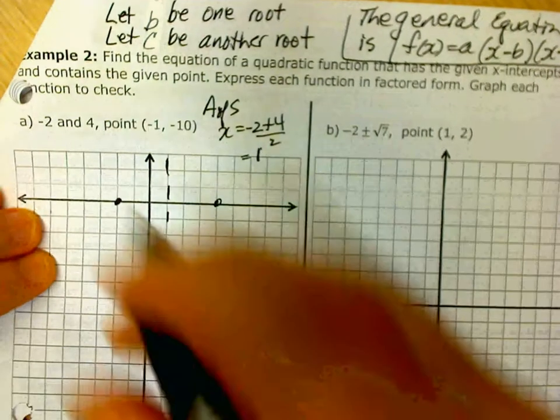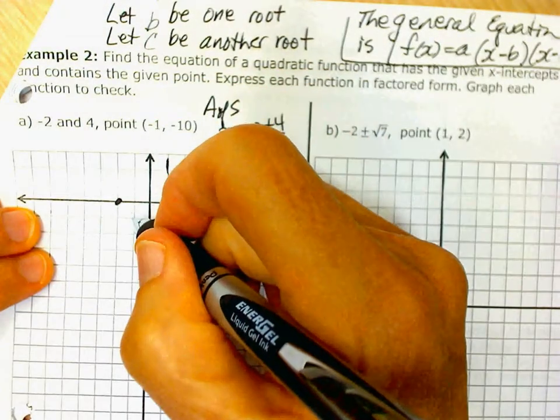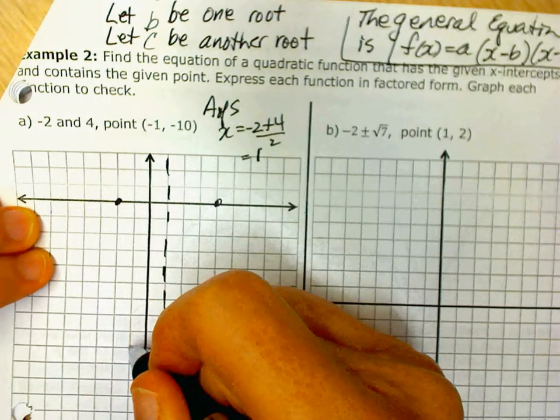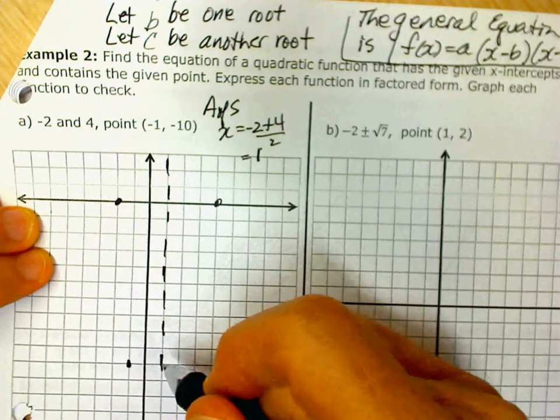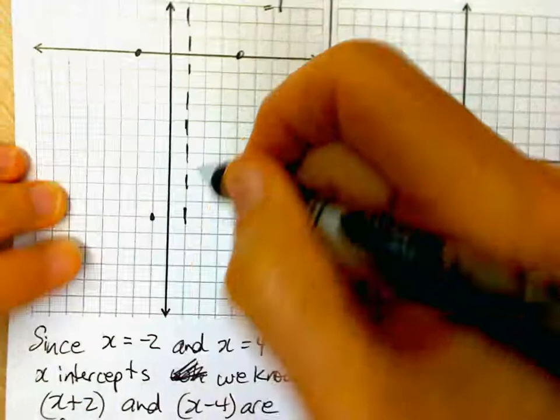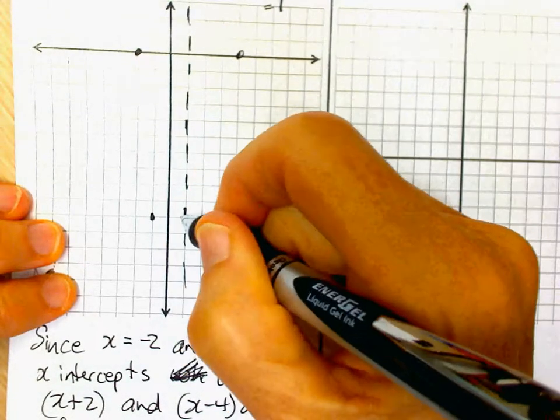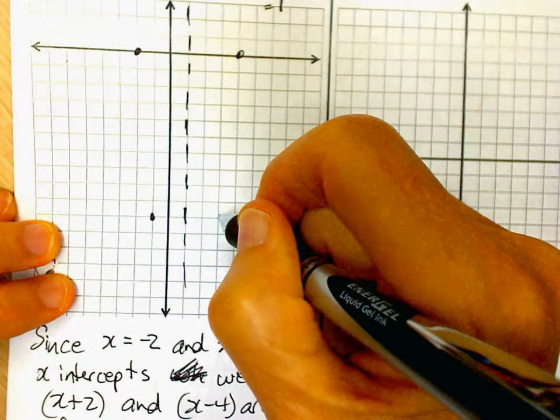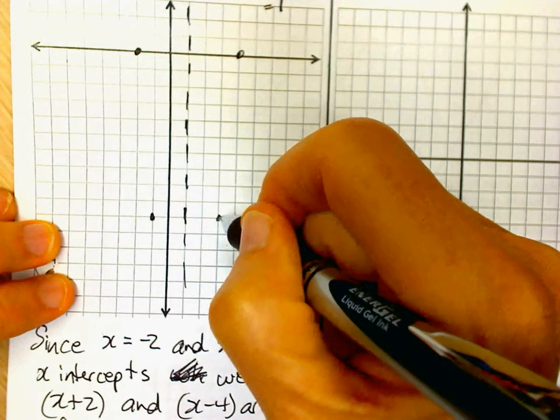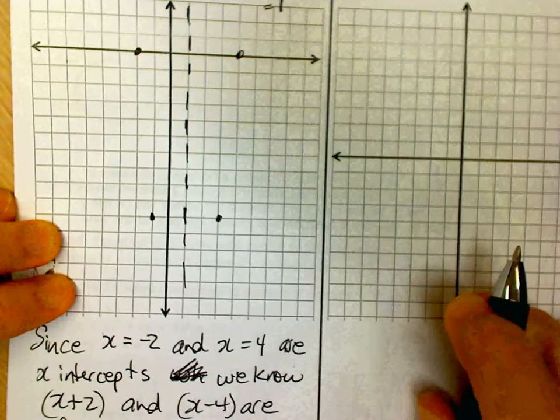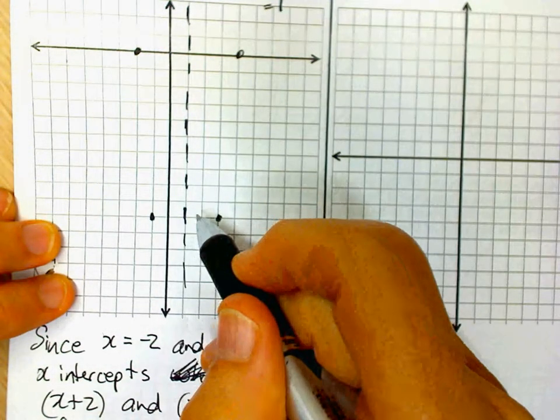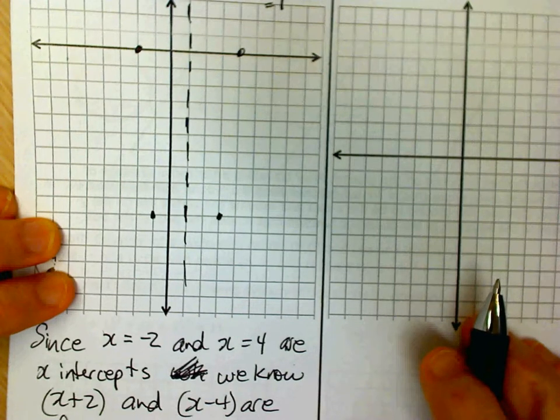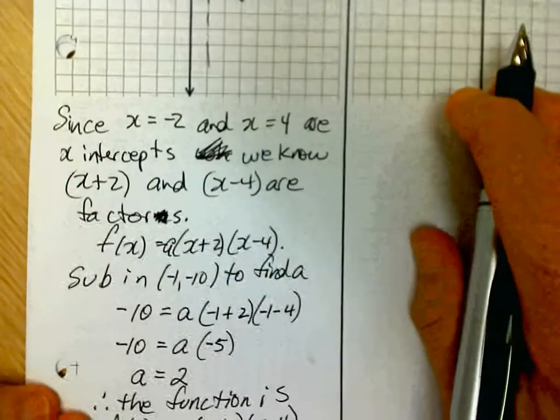They gave us a point, -1, -10. If that point is 2 over from the axis of symmetry, we know we must have another point on the other side. It's symmetrical. We just have to calculate the vertex. The vertex happens at x equals 1.